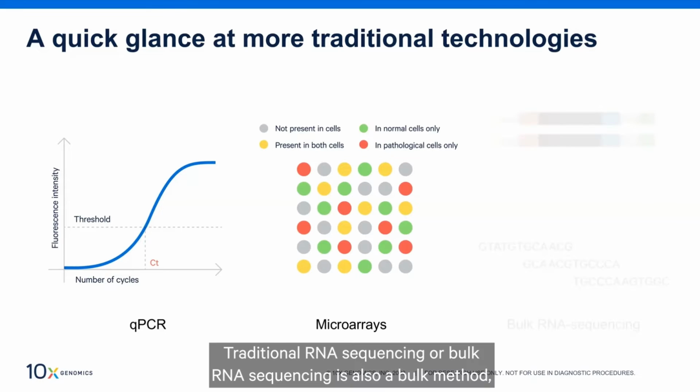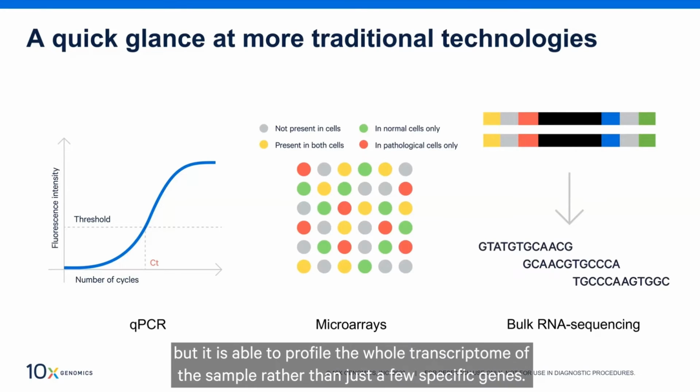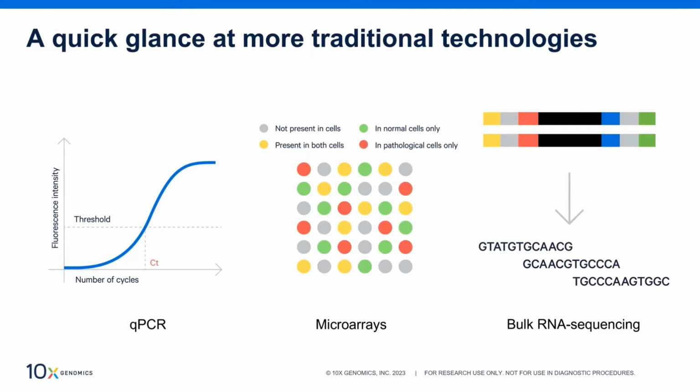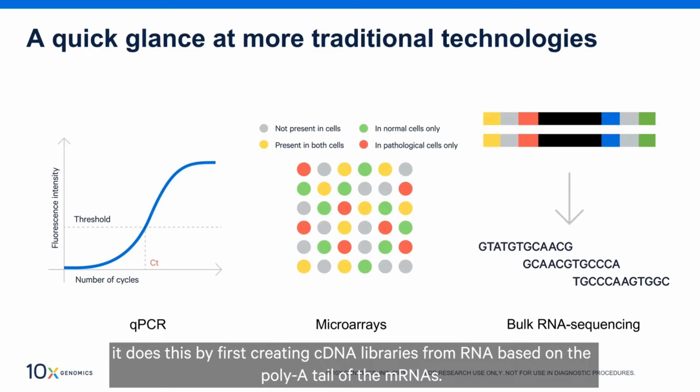And then traditional RNA sequencing, or bulk RNA sequencing, is also a bulk method, but it is able to profile the whole transcriptome of a sample rather than just a few specific genes, like qPCR and microarrays do. It does this by first creating cDNA libraries from RNA based on the poly-A tail of the mRNAs.